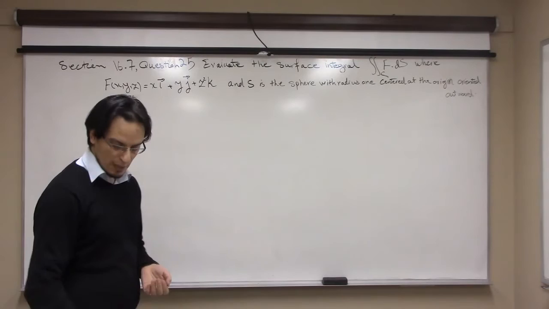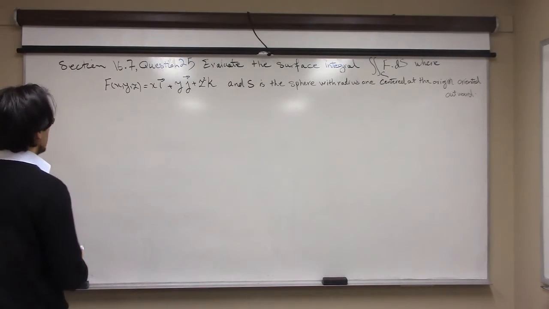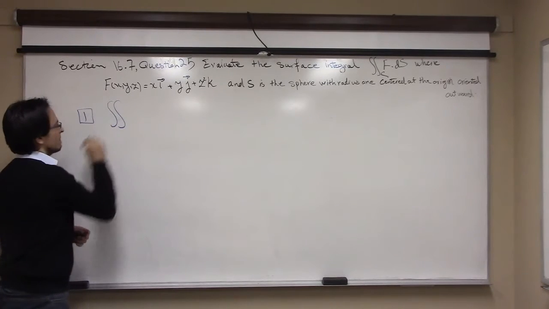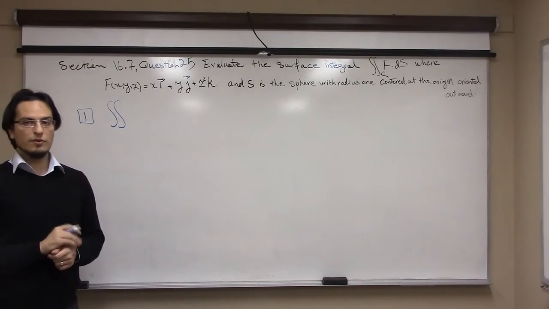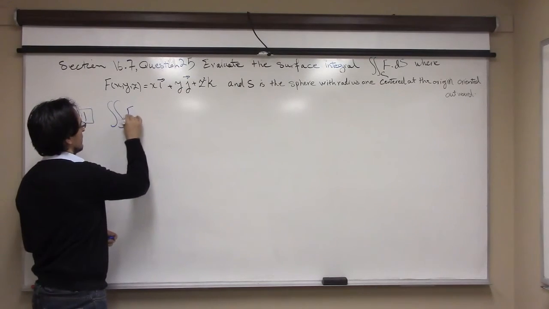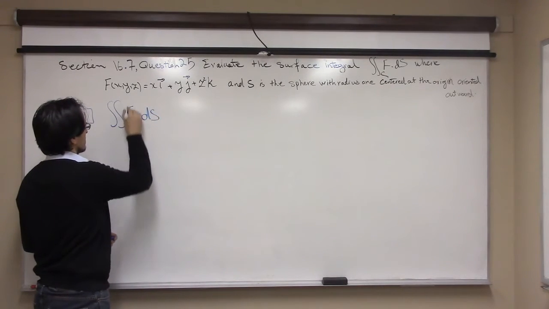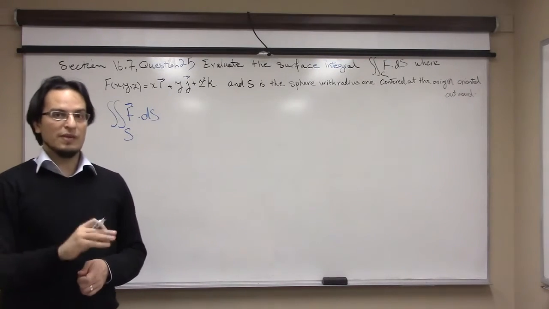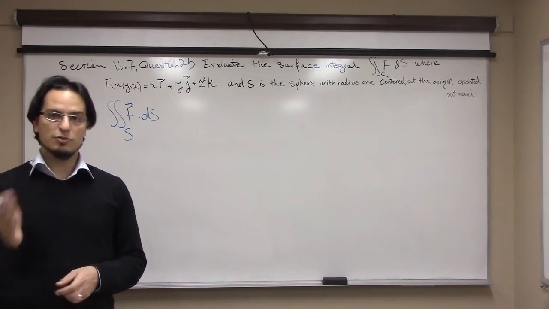Okay, so what we need to know here is that if you have a surface integral of a vector field F dot dS, you have to fix an orientation. What's the orientation?